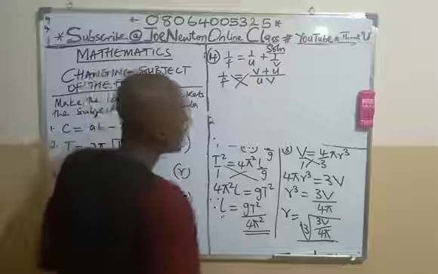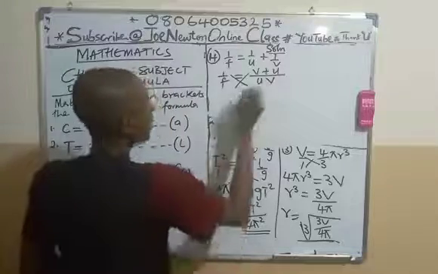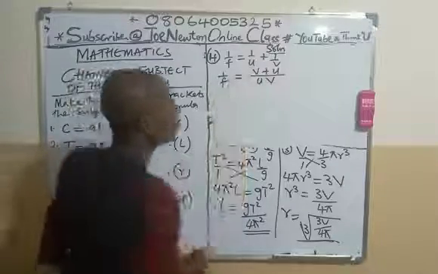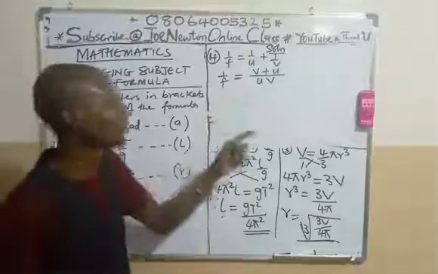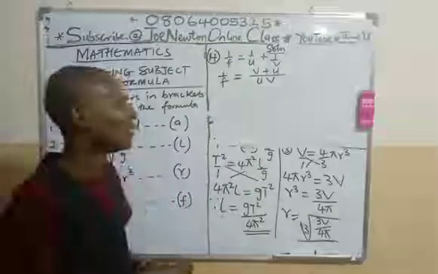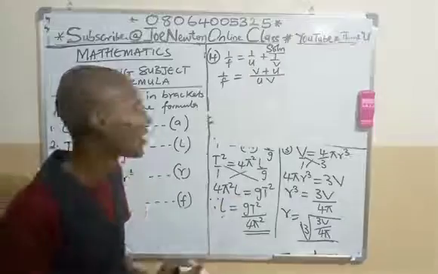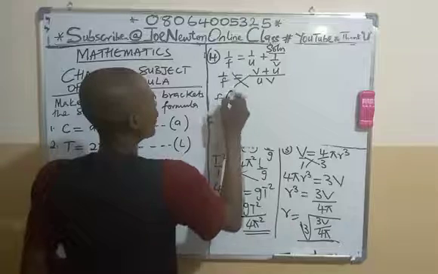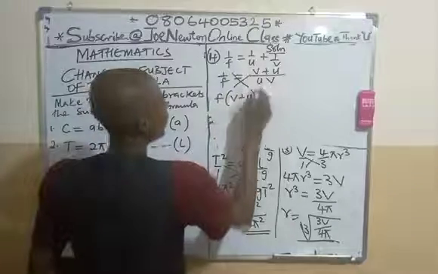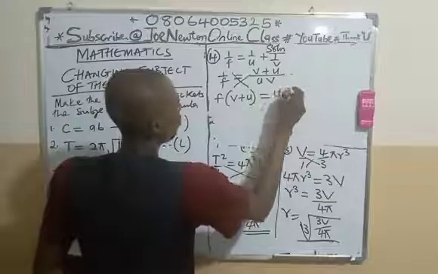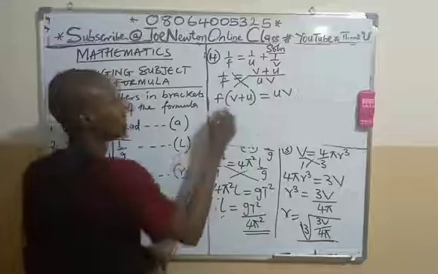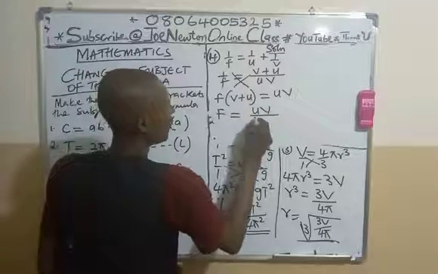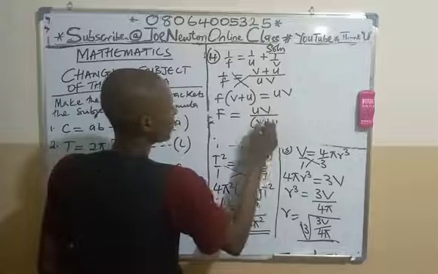Mathematically, if you want to treat this, just take the reciprocal. But to make it clearer for you, let's cross multiply. You will now have f bracket v plus u, 1 times this, is equal to uv. So to make f the subject, f is equal to uv all over v plus u.